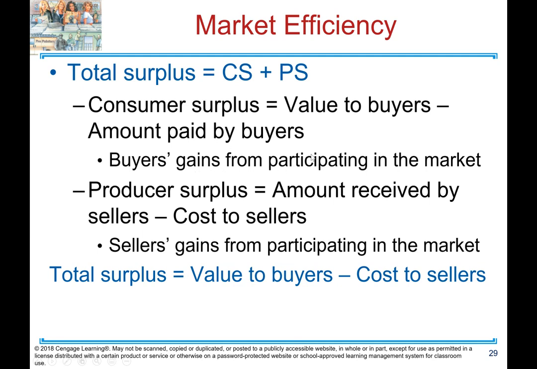It is the buyers' gain from participating in the marketplace. Producer surplus is the amount received by the sellers minus the cost to the sellers, and it is the sellers' gain from participating in the market. So total surplus is the value to buyers minus cost to sellers.